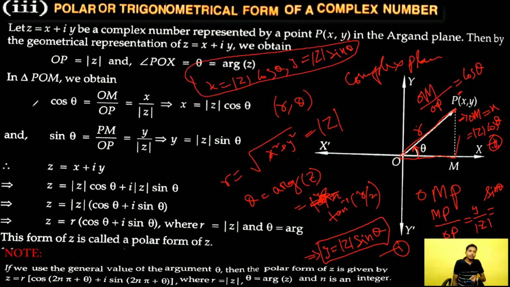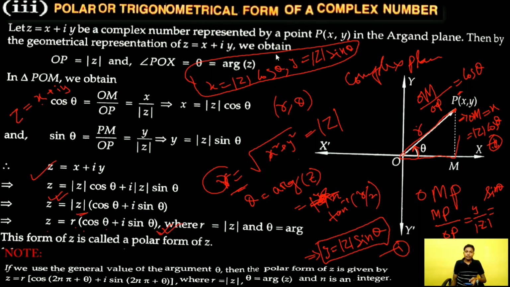Now we know z is equal to x plus iy, so if we substitute mod z cos theta in place of x and mod z sin theta in place of y, we will have this. Here mod z is equal to r, which I have discussed, so we can write z is equal to r into cos theta plus i sin theta. This representation is called the polar representation of any complex number.